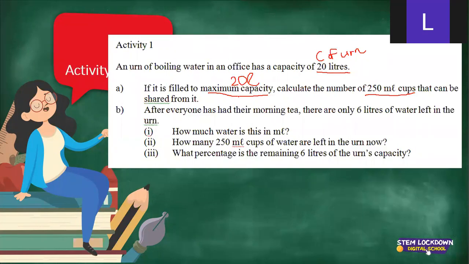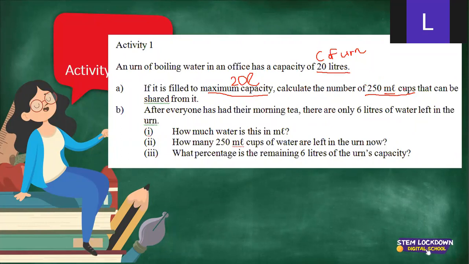Okay, so for the number of cups, first of all, you need to see that you can only work with similar units. In this case, you have liters for the urn, and for the cup, you have milliliters. So you need to work with like with like. You can see liters and milliliters are not the same.